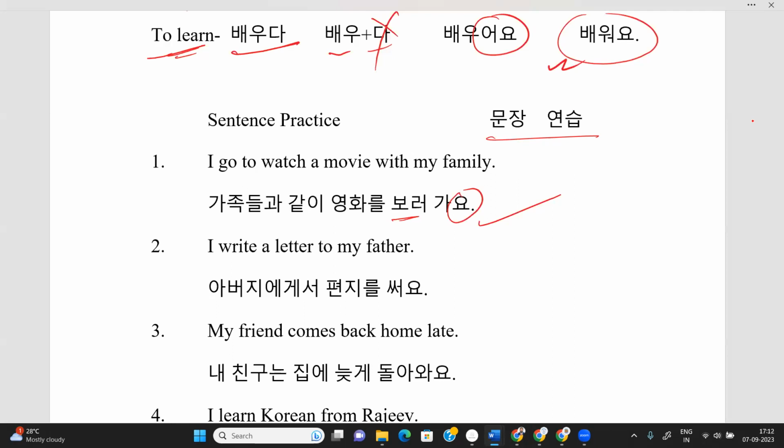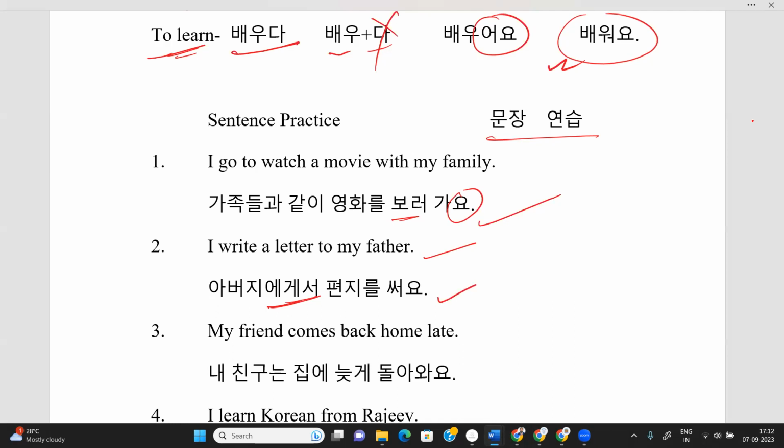I write a letter to my father. 아버지에게서 편지를 써요.